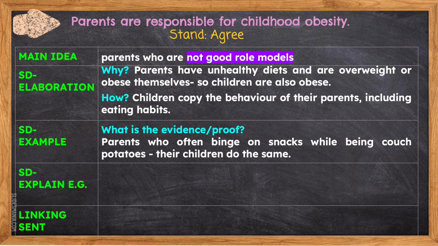You have to remember that when it comes to writing, you have to not only tell me that yes, parents are the reason children are fat or obese, but you have to also show me how. Give me evidence. So your evidence here is that parents who often binge on snacks while being couch potatoes, their children will do the same.